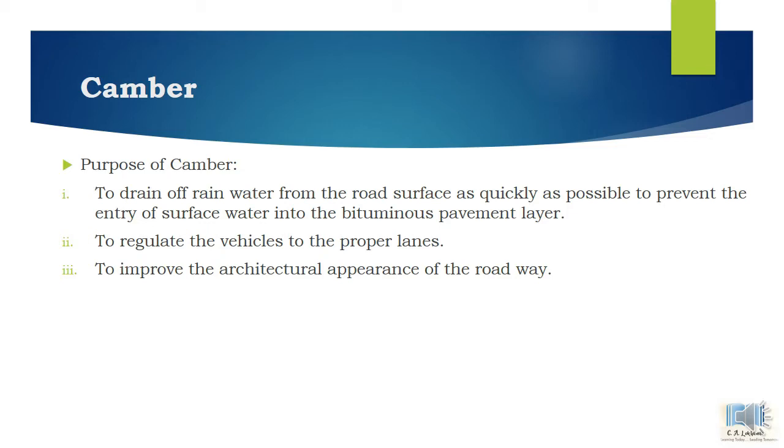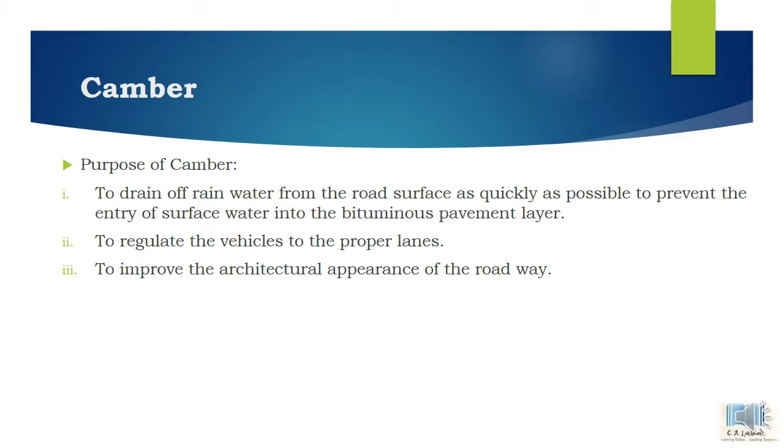Then the next point is the purpose of camber. So the first purpose is to drain off rainwater from the road surface as quickly as possible to prevent the entry of surface water into the bituminous pavement layer.